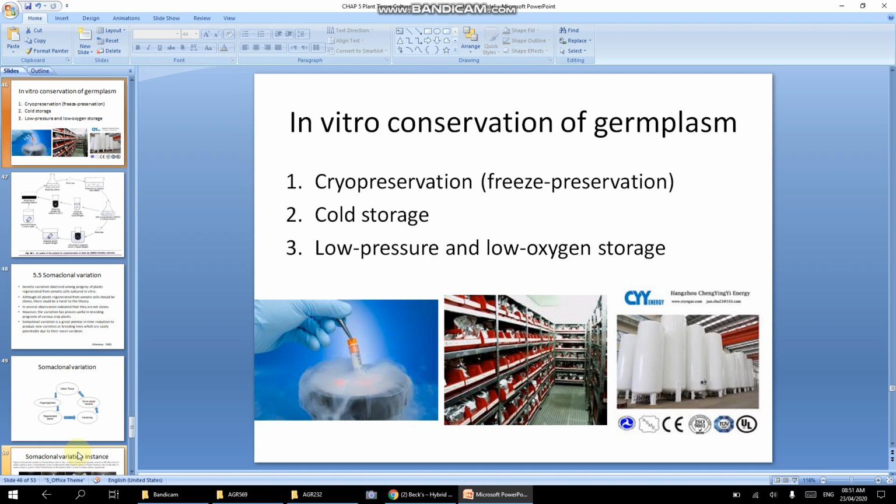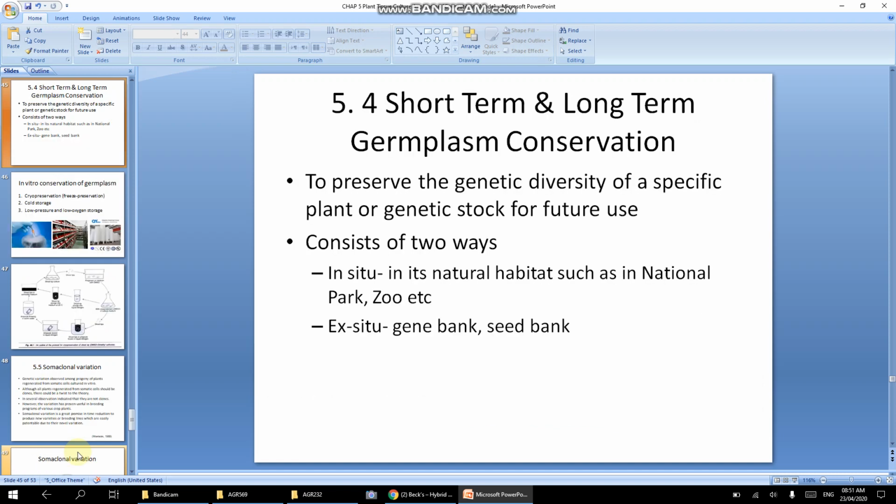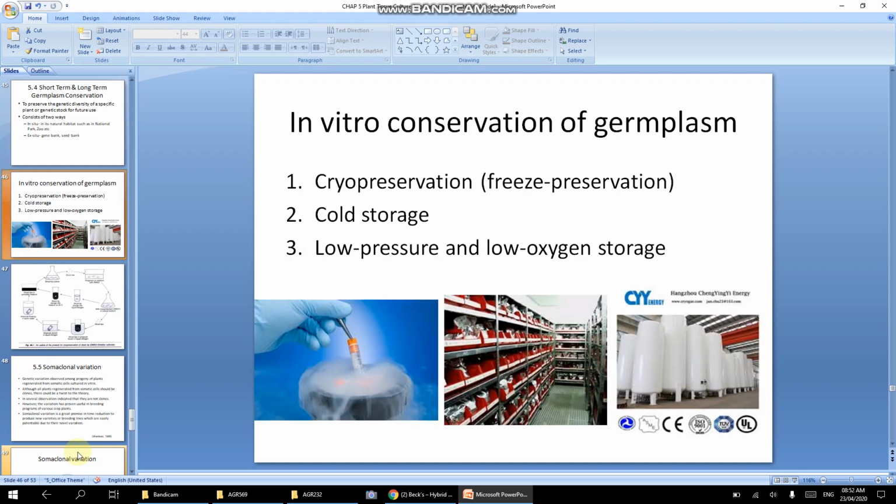So the one we looked at before was ex vitro, and this one is in vitro. Let's say you want to do cryopreservation.